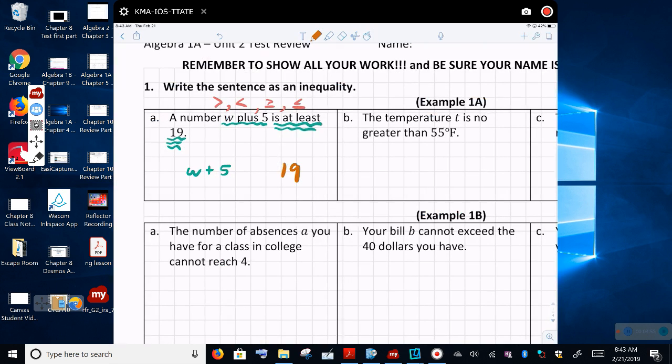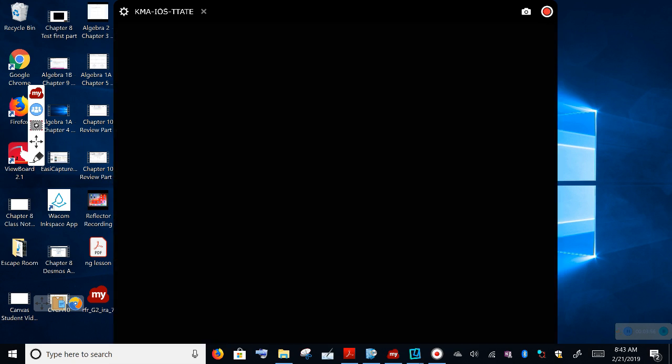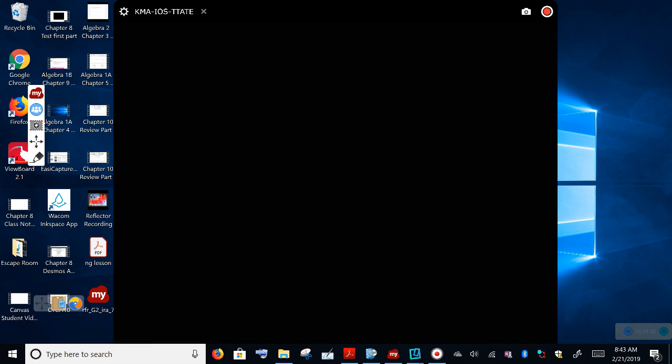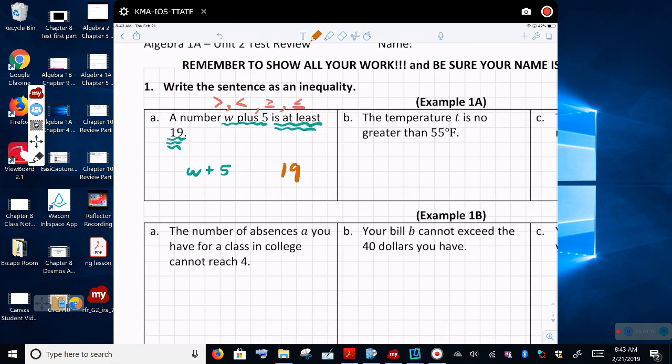The W plus 5 would be bigger, yeah. What helps you realize that? Because it's at least 19, it could be equal to 19, but it's at least 19, so it's bigger.